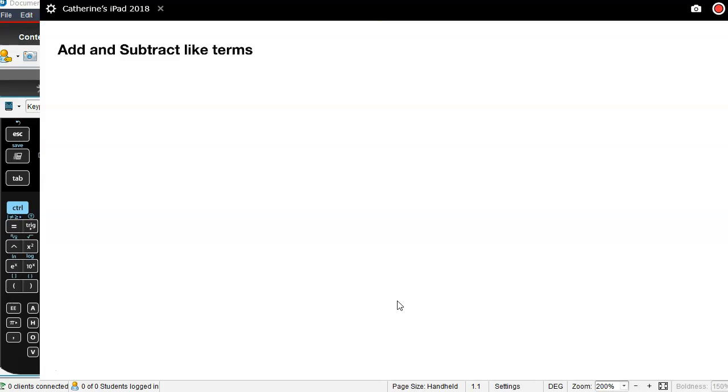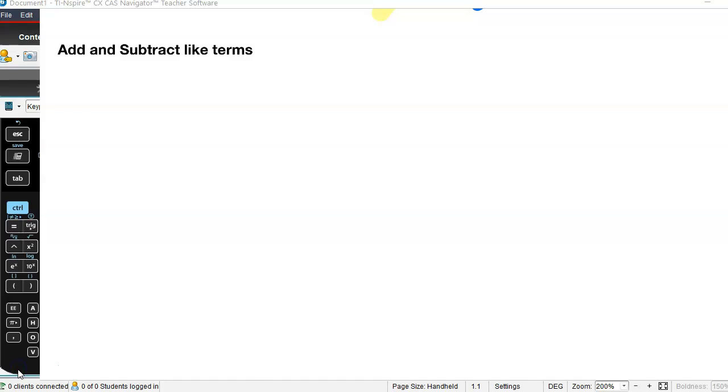Okay. When we add and subtract like terms, we, again, can only add and subtract like terms. Okay? So if something's not a like term, we can't add it together. So you've got to think of these things as different things. It's a bit hard to explain it. I'll do some examples.